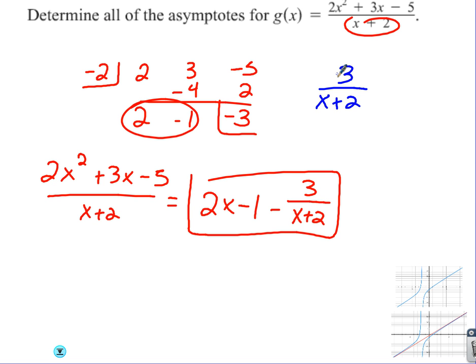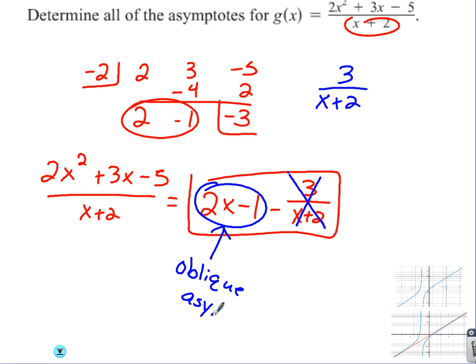So look at this. We want to know what happens to this as x gets huge. Well, first off, what happens to this fraction as x gets huge? It goes away. And look what you're left with: 2x minus 1. 2x minus 1 is your oblique asymptote.